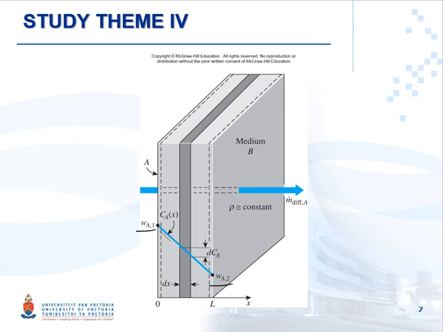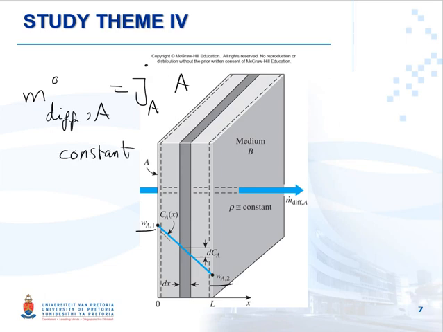So based on conservation of mass, we can say that m dot diffusion of A is equal to a constant.